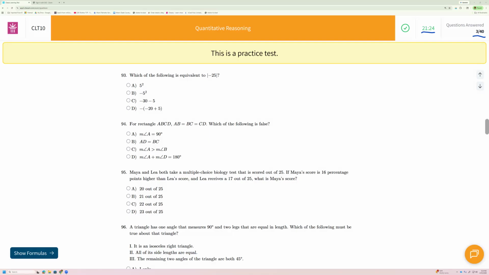All right, absolute value is the distance from 0 to a number. So distance is always positive, right? Imagine if your thumb is 1 centimeter away from your index finger, they're basically touching. So if they're touching, the distance is 0. Imagine a negative distance.